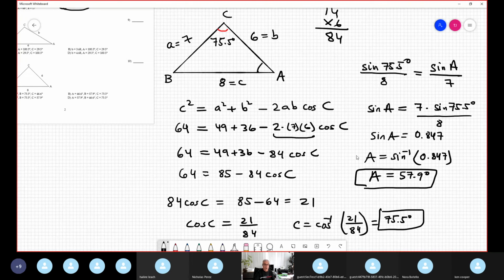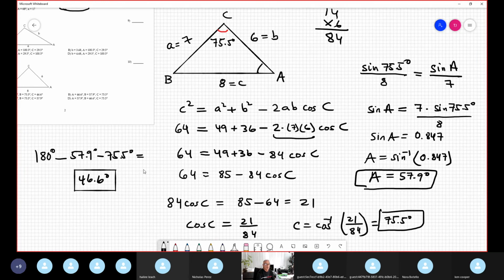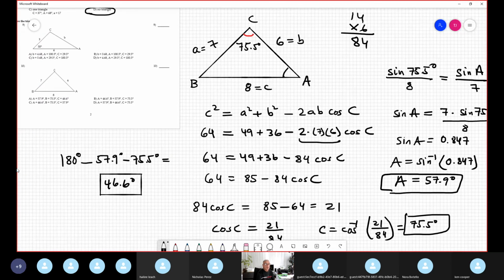I need the last one, but that one is pretty easy. It's 180 degrees minus 57.9 minus 75.5. Boom, and the answer is 46.6 degrees. That corresponds to, C is 75.5, this is B, and this is A. A is 57.9, B is 46.6.